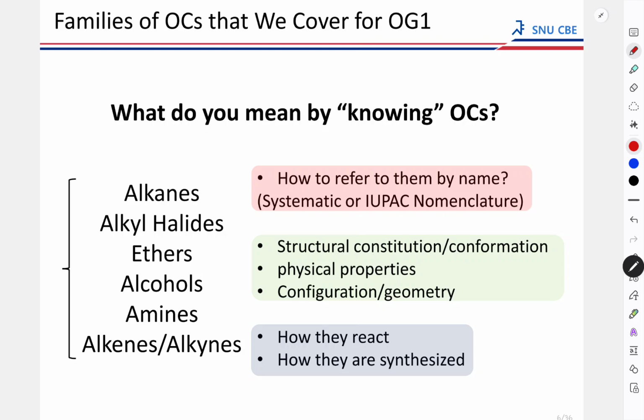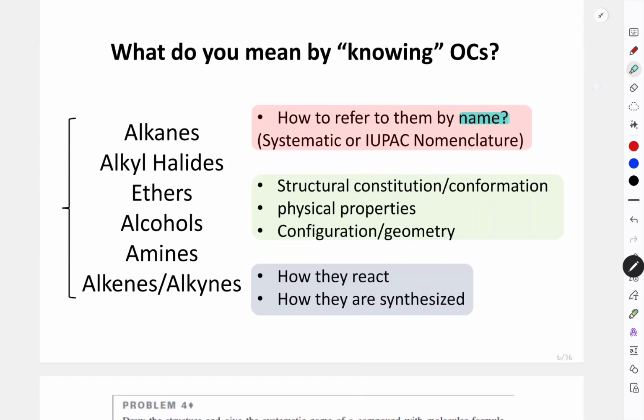You need to know their name, especially the systematic name is quite important. And systematic name and structure of a given organic compound, name and structure, they are very strongly coupled. Okay? So the fact that you know the organic compound means you know the structure. Right? So structure information is also very important, right?